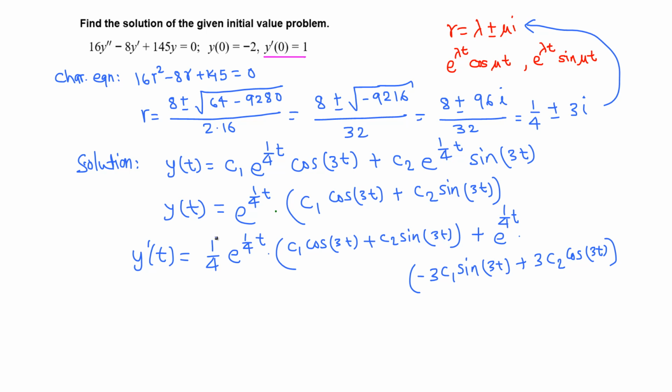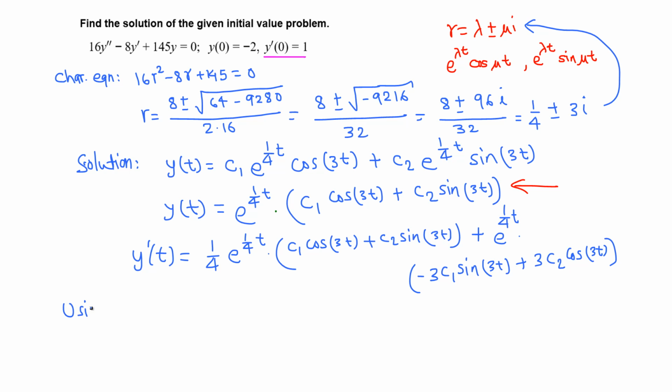Okay, now the final answer is given from here, by the way, where we need to determine C1 and C2. We found y prime just to use the second initial condition. Let's use the first initial condition, y at 0 equals -2.